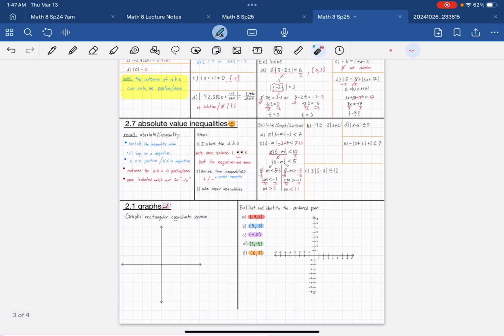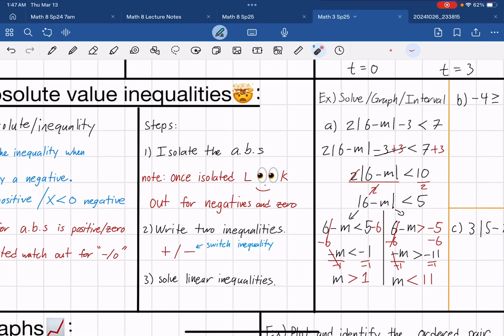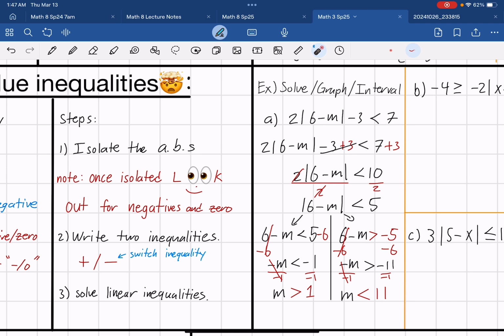And there's going to be some situations where you get two separate inequalities. You're usually taught to memorize when it's smaller or when it's larger what answers you're going to get. But I truly try not to memorize too much because I tend to forget the more I have to memorize.